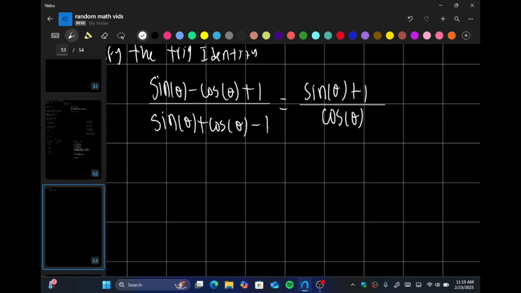Give me a second. We're gonna go ahead and factor out a cosine theta on the top and bottom on the left hand side. So let's go ahead and do that.